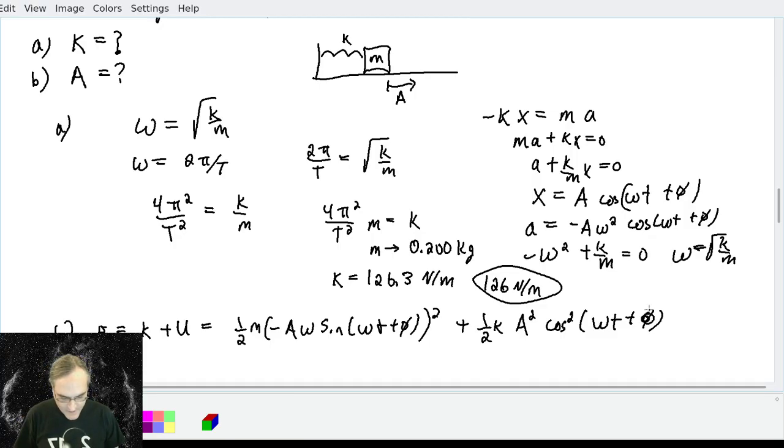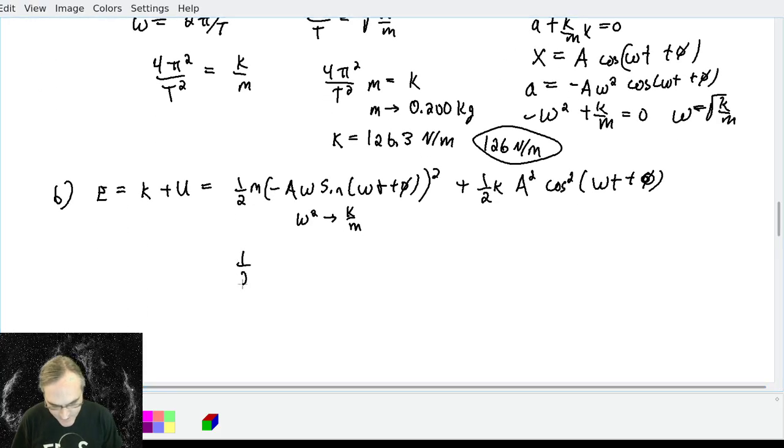Of course, we can take advantage of how omega is defined, so since this is going to give us omega squared, and omega squared is K over M, that means we actually have common factors.